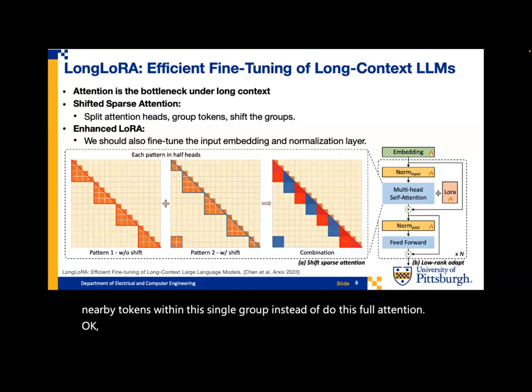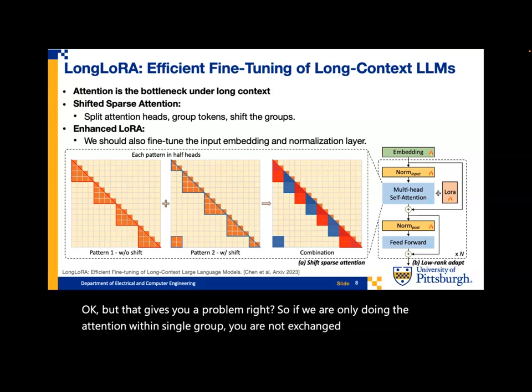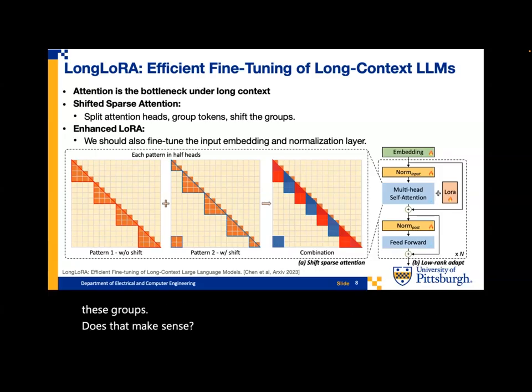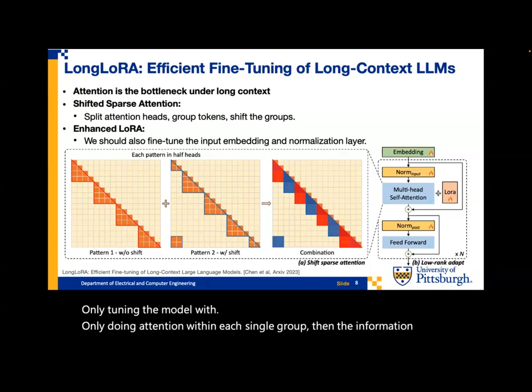If we are only doing the attention within a single group, you are not exchanging information across these groups. Does that make sense? If we were tuning the model with only attention within each single group, then the information across different groups is not exchanged.